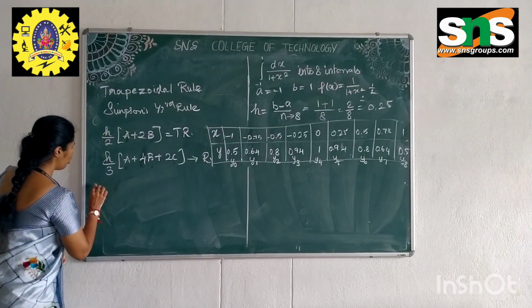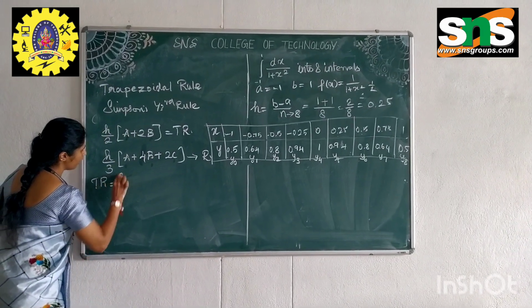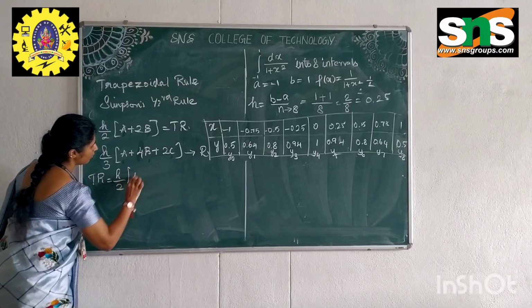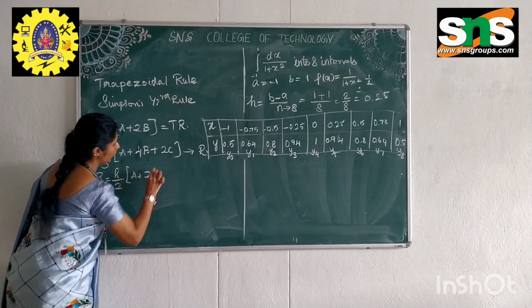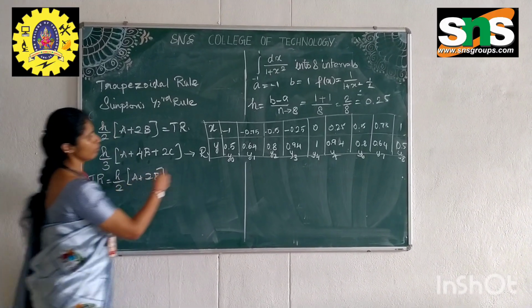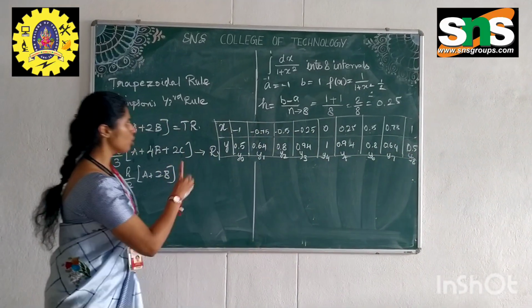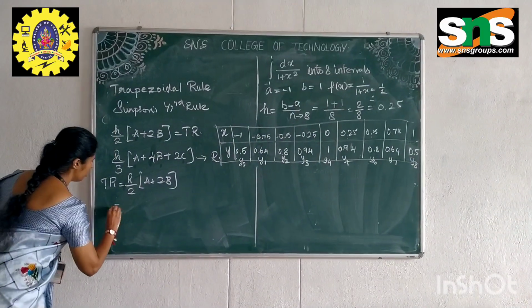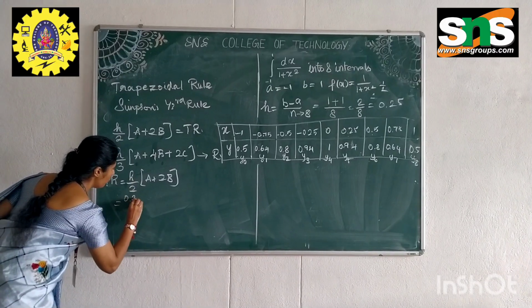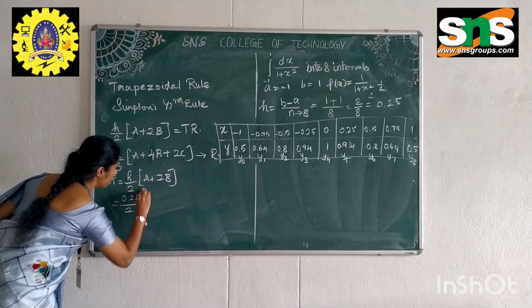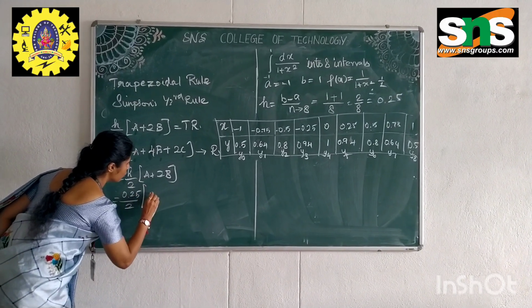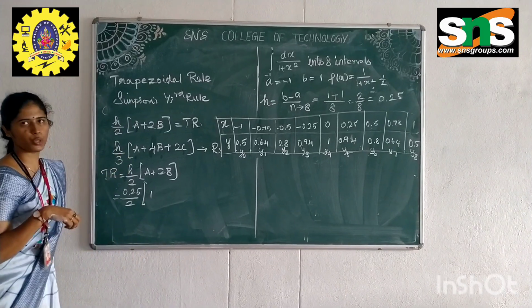The formula for the trapezoidal rule is h divided by 2 [a plus 2b]. The value of a will be the sum of the first and last ordinate. So we have 0.5 plus 0.5, and h is 0.25, so the a value is 0.5 plus 0.5, which is 1.